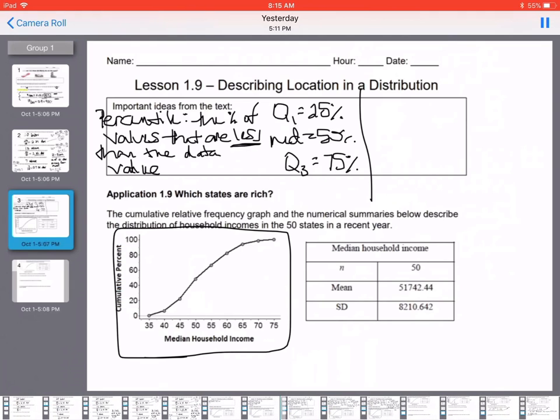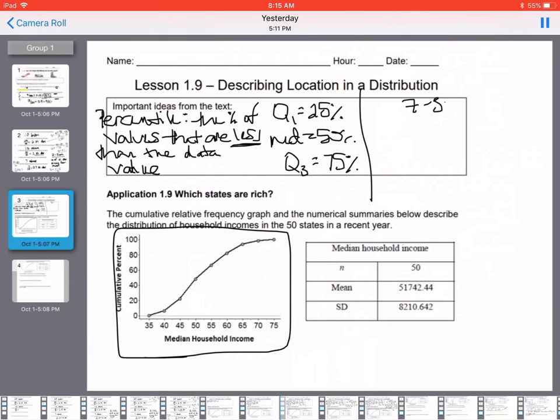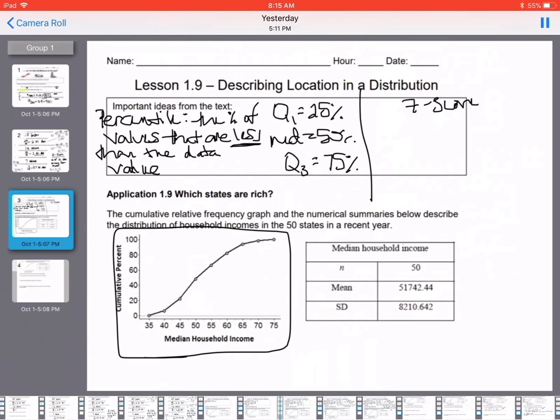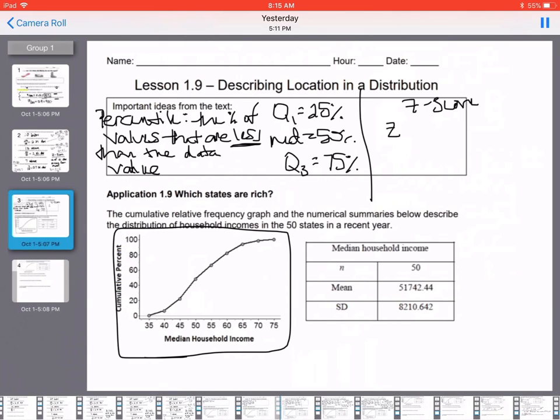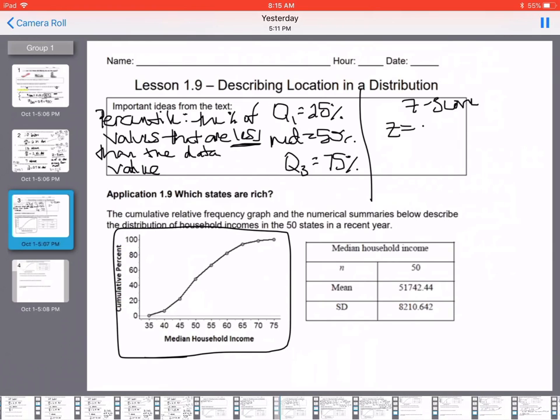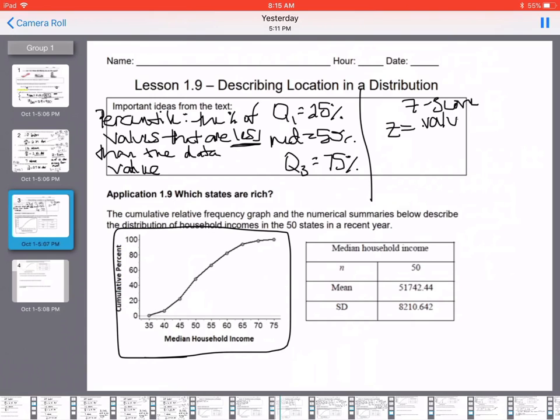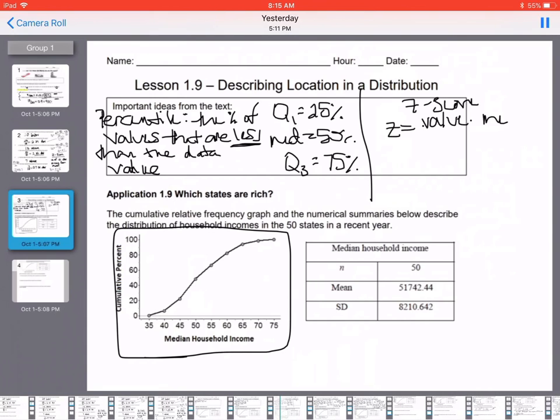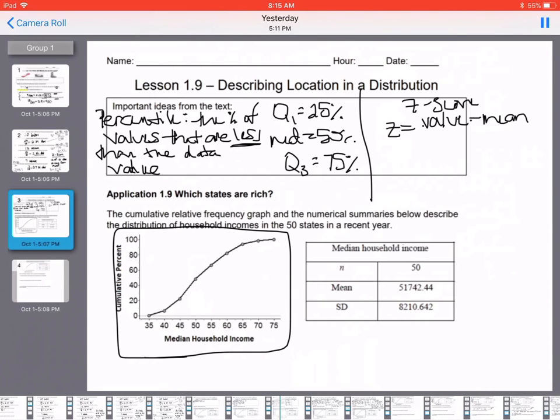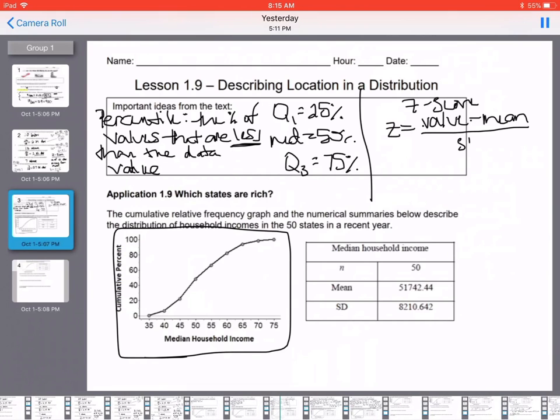And then the last thing is the z-score. To calculate that, you take your value minus your mean divided by your standard deviation.